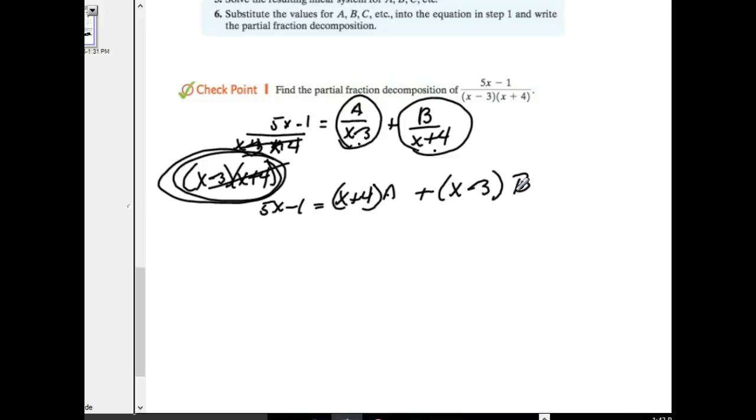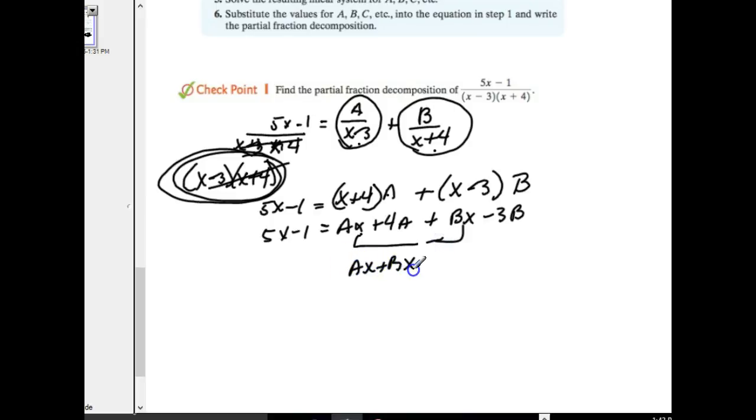Okay, so as I multiply all of that out, I'm going to get ax plus 4a plus bx minus 3b is equal to 5x minus 1. Now, if I put my x's together, I'm going to get ax plus bx plus 4a minus 3b. What happens here is the x's have to be equal to the x's.